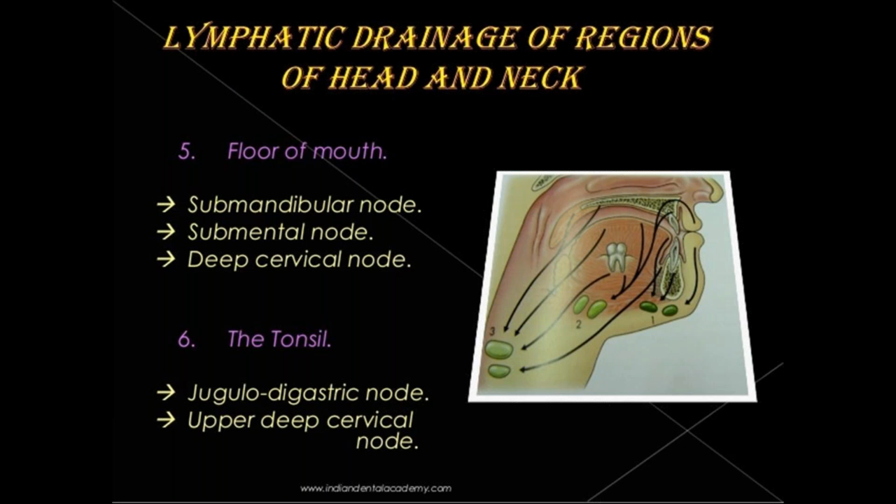The floor of the mouth by the submandibular nodes, submental nodes and the deep cervical nodes, whereas the tonsil by the jugulodigastric and the upper deep cervical lymph nodes.